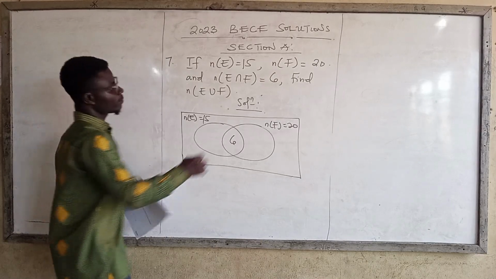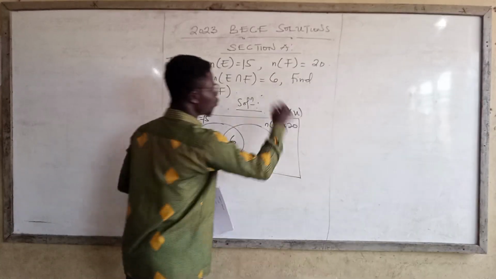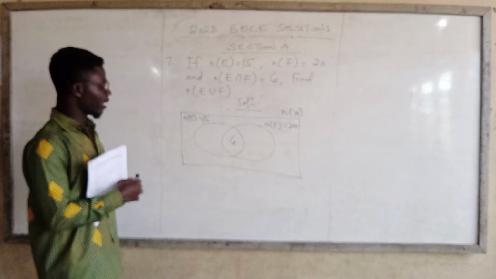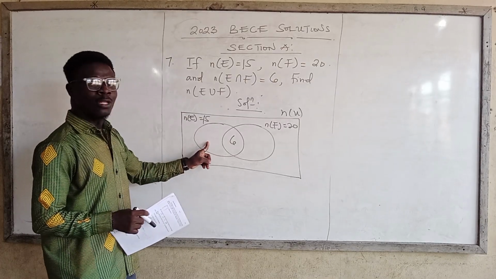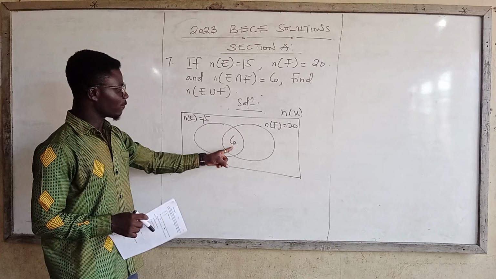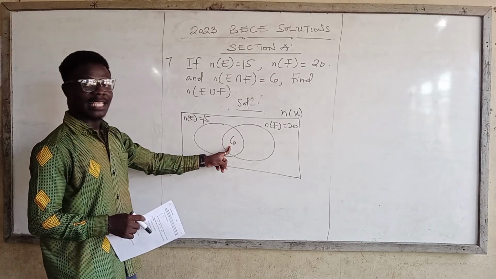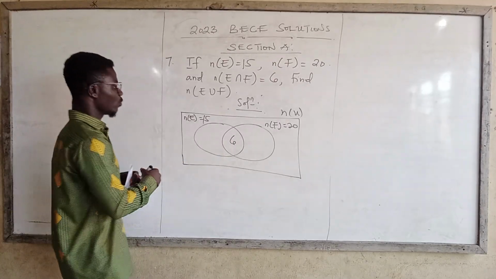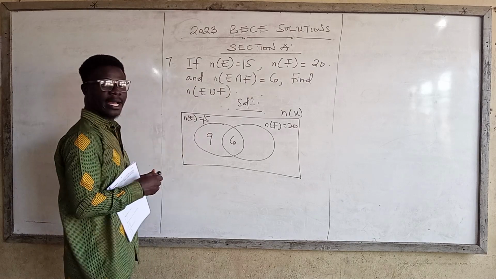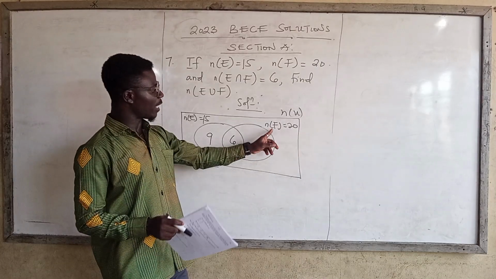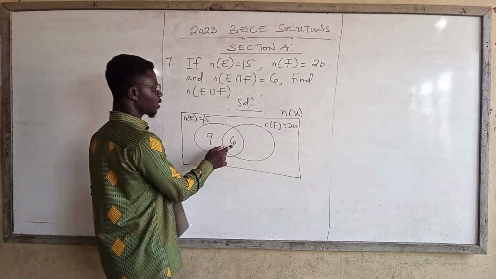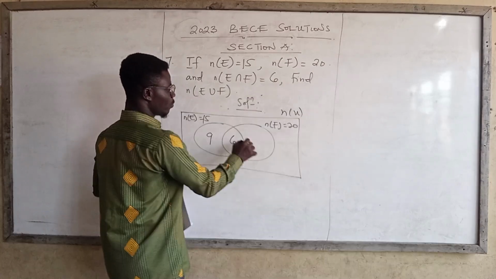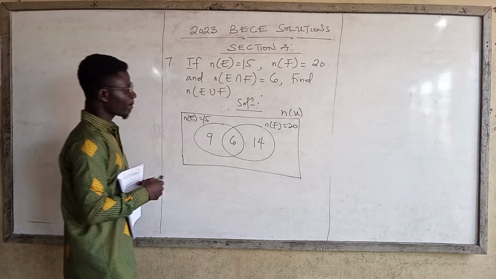I have my n of G, which is the universal set. If I want to find for only n of E, I have to subtract the intersection 6 from 15, which we obtain 9. Then for n of F only, I have to subtract 6 from 20, which will obtain 14.